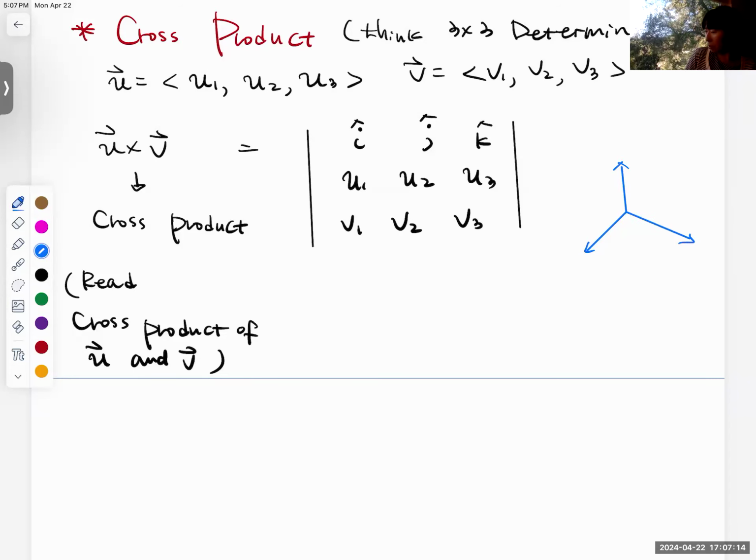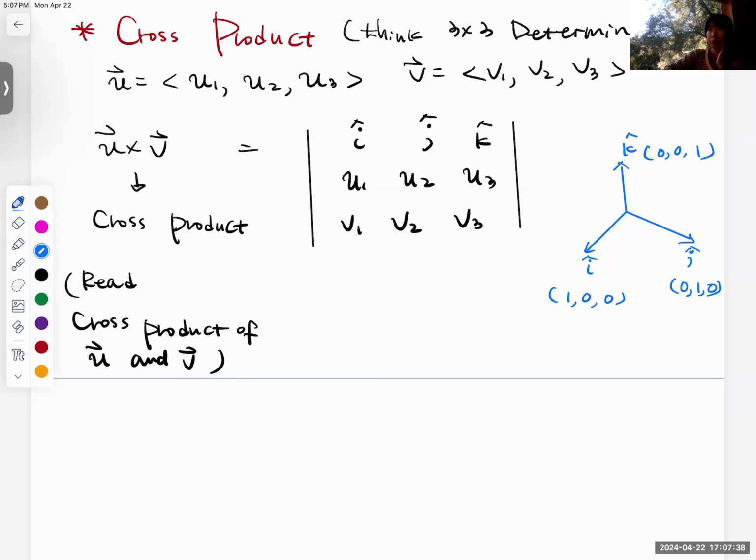Better. Okay, so i is 1, 0, 0, right? And j with the hat is 0, 1, 0. And this is k, and this is 0, 0, 1.